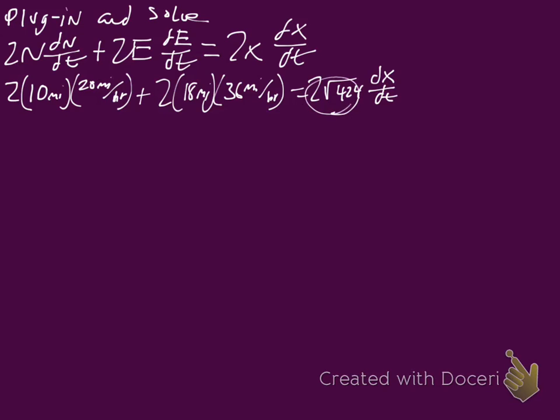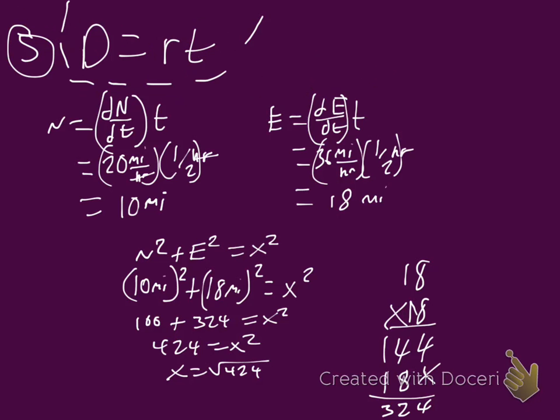Where are the units for... I don't have any units for square root of 424. I must have lost my units somewhere over here. Yeah, this was miles. 100 was miles. 324 was miles. So the 424 is... Oh, no, no, no. It was miles squared. So each of these was miles squared.